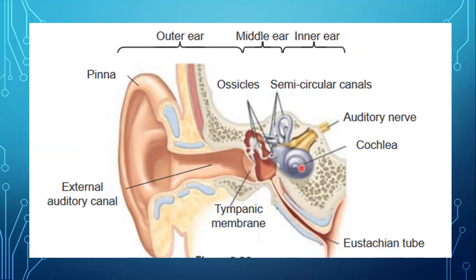The nerve endings connected to the cochlea take the auditory senses to the auditory nerve. The auditory nerve transmits the impulses to the relevant part of the brain. The sound is interpreted by the auditory area of the brain. That is the process of how the ear perceives auditory senses.